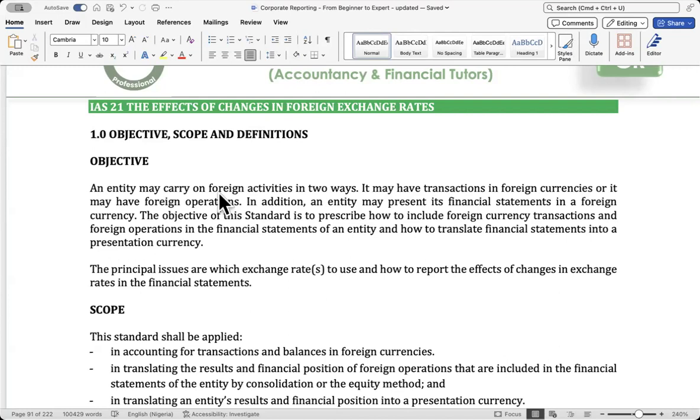The first is that they may transact in foreign currency. They may do transactions in foreign currency.